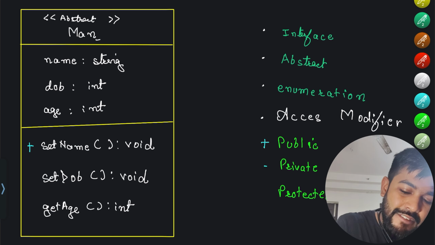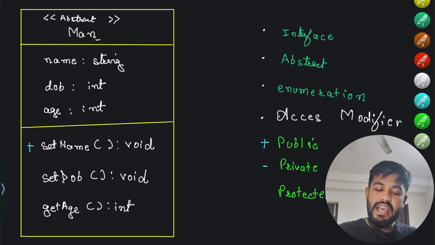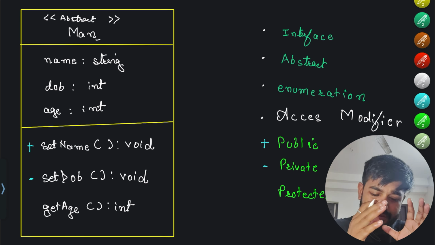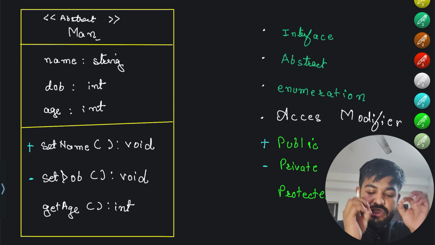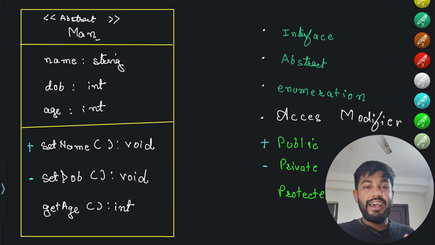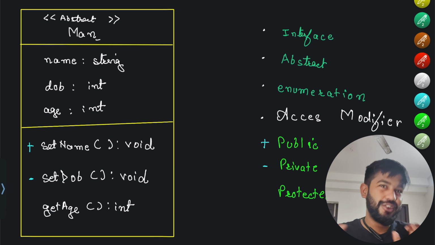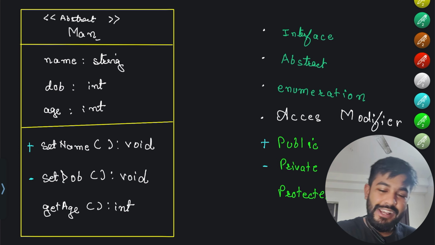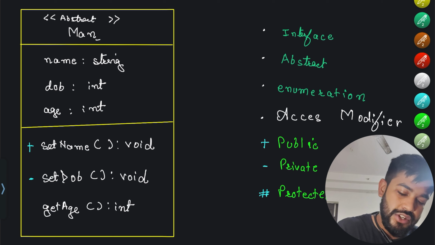So when we have a private member, we mention it something like this. Let's say set date of birth is a private method, so we would just have a symbol like this. Then we have something like protected, which is something to show off to the world. You can just remember it in this fashion. So hashtag for protected, we just use a hash on it.